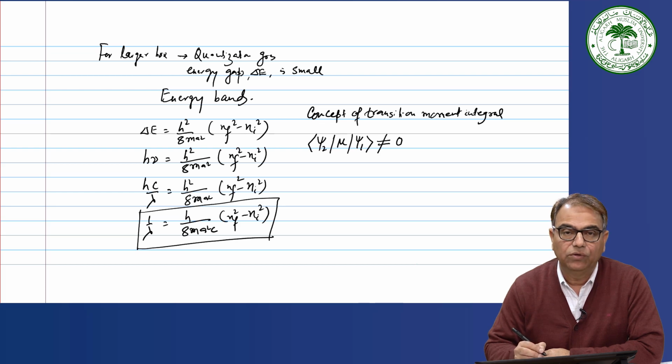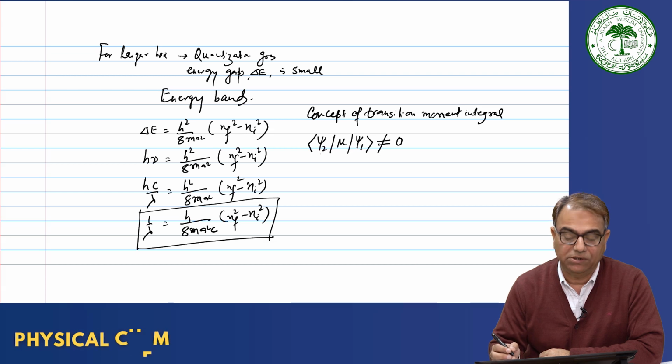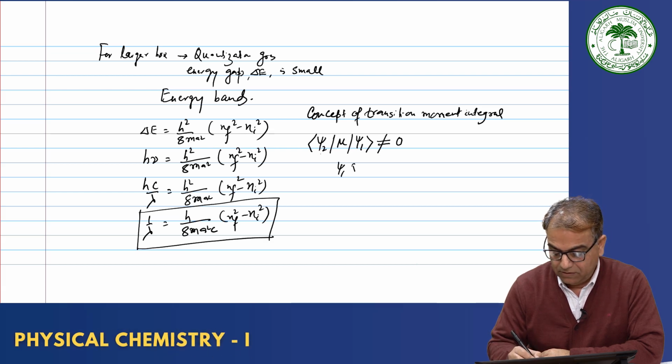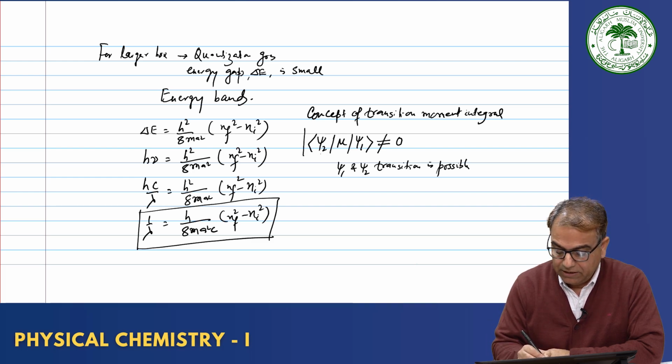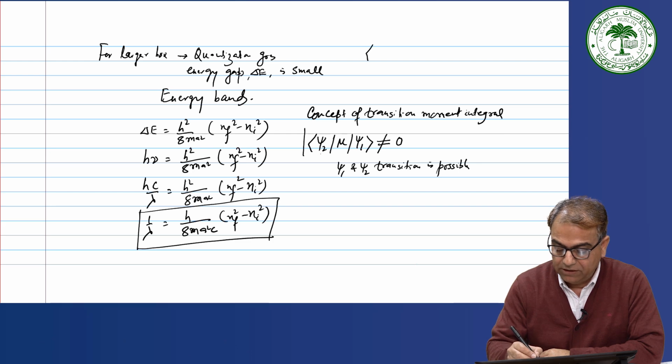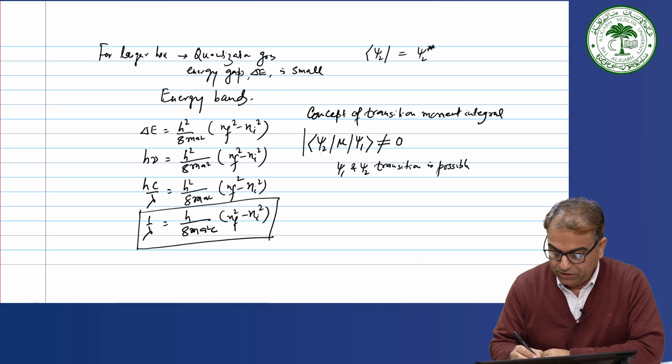And if this is not equal to 0, then transition between psi 1 and psi 2 is possible. So the transition moment integral, and this I am sure we have done already. Psi 2 is the bra, and this is essentially psi 2 star. Here we have the real wave functions, we do not have the i part, okay, and mu is the dipole moment operator.